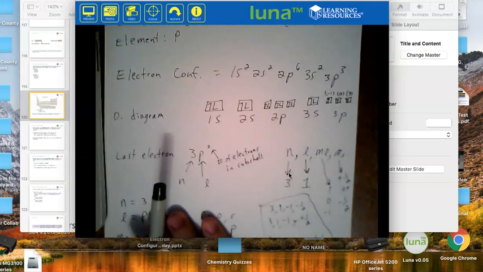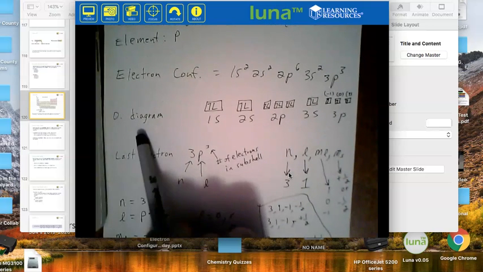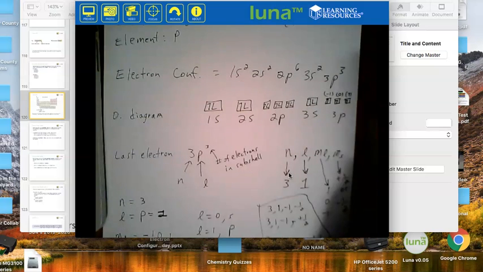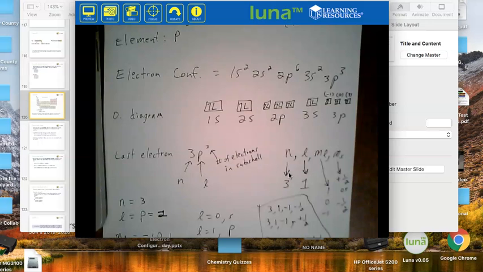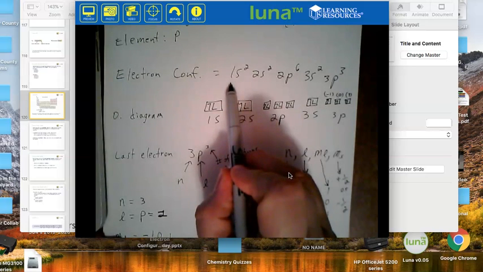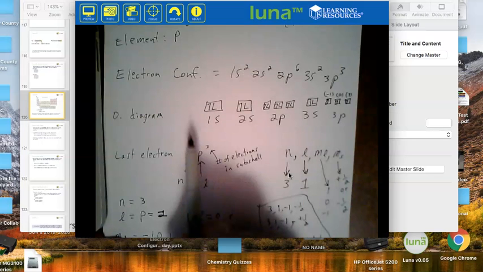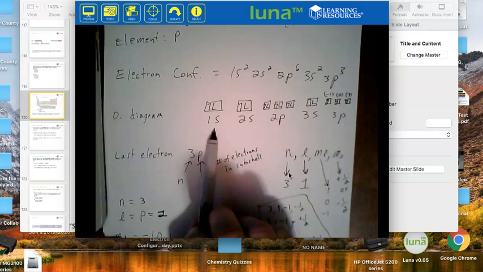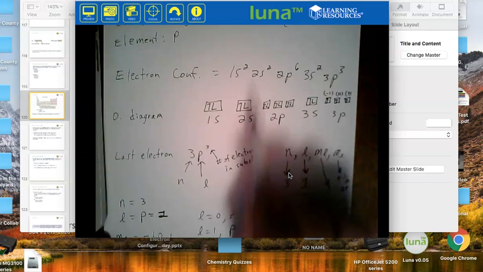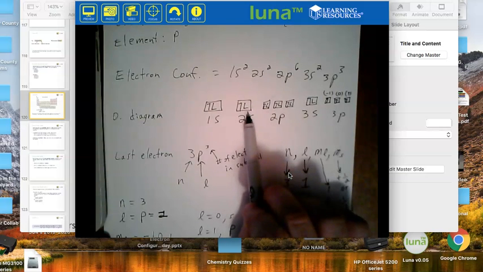For the orbital diagram, I always write that out by first writing out the electron configuration. I write the n value and the subshell letter, 1s here. S subshells have one orbital, so I draw one box. The 2s is again an s, so one box.